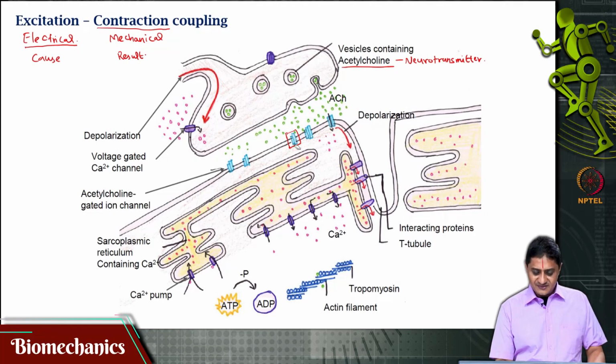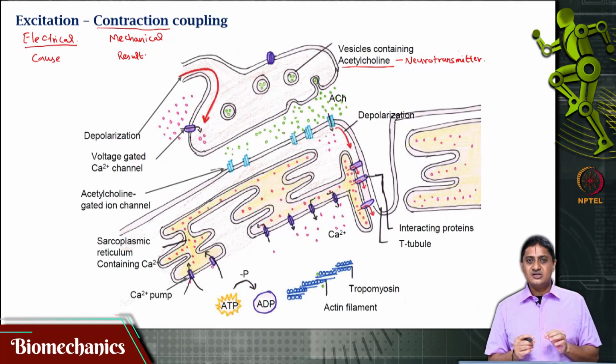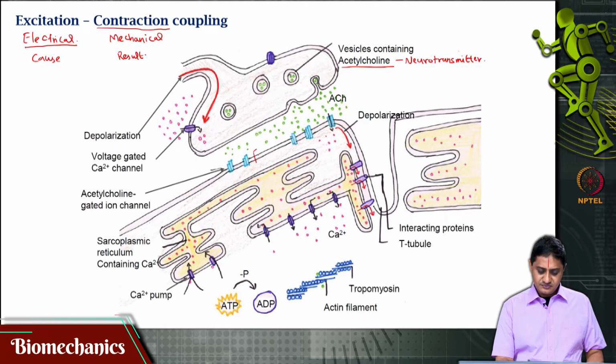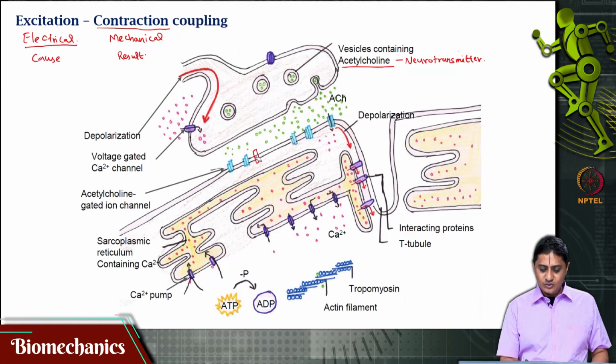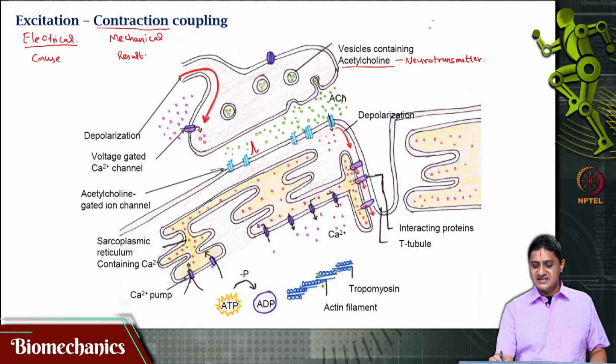This sodium that is coming in will be so high that it will change the membrane potential in that region and cause a chain of events, the so called domino effect. It will cause a chain of events that will lead to an electrical pulse that is getting generated here. This pulse is called an action potential.